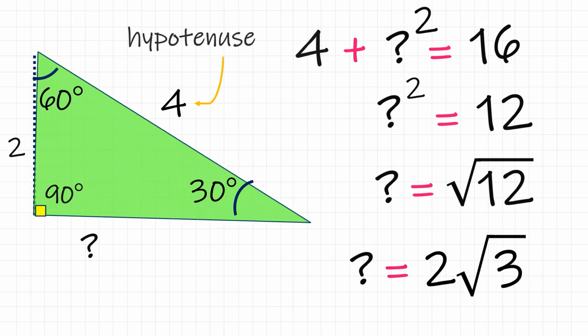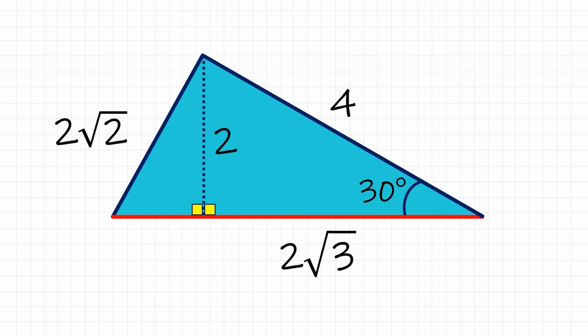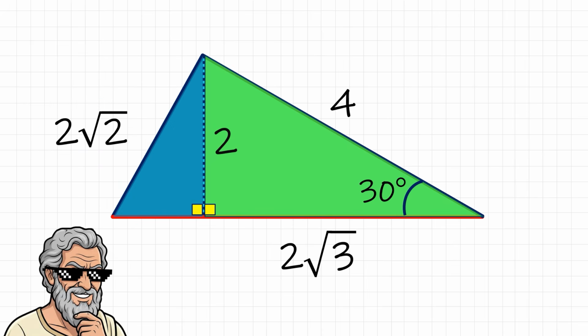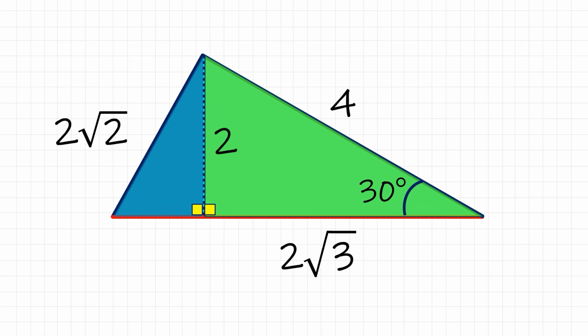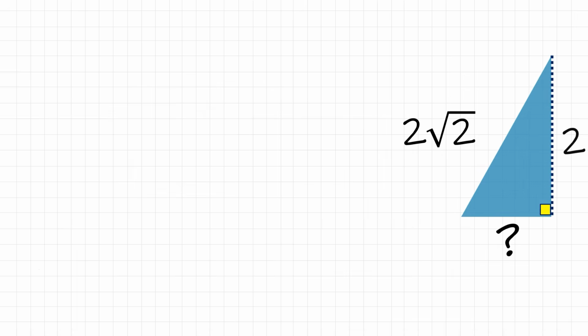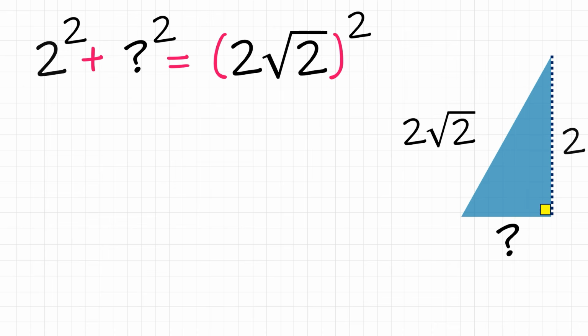We are almost there. Let us shift our attention to the small triangle on the left. We now know its vertical height is 2, and its hypotenuse is 2 times the square root of 2. We can use our Pythagorean theorem one more time to find the final missing piece of our red base. 2 squared plus our unknown bottom edge squared equals our hypotenuse squared. 2 squared is 4, and squaring the hypotenuse gives us 8.